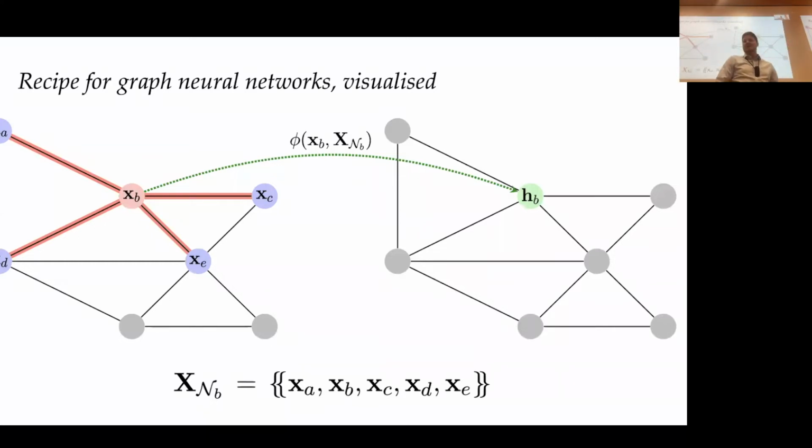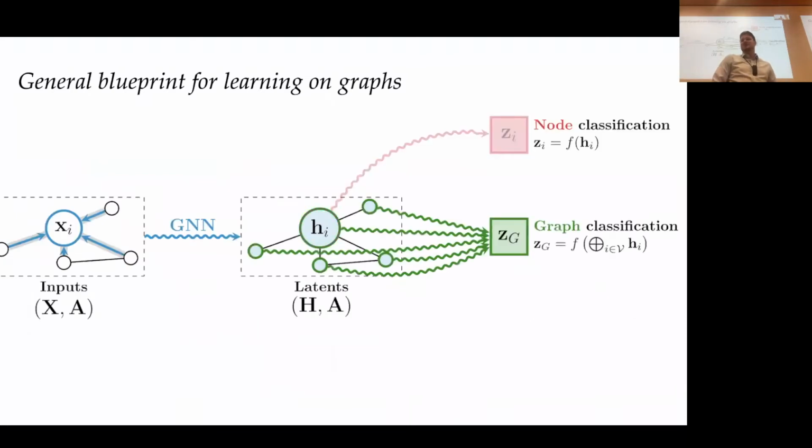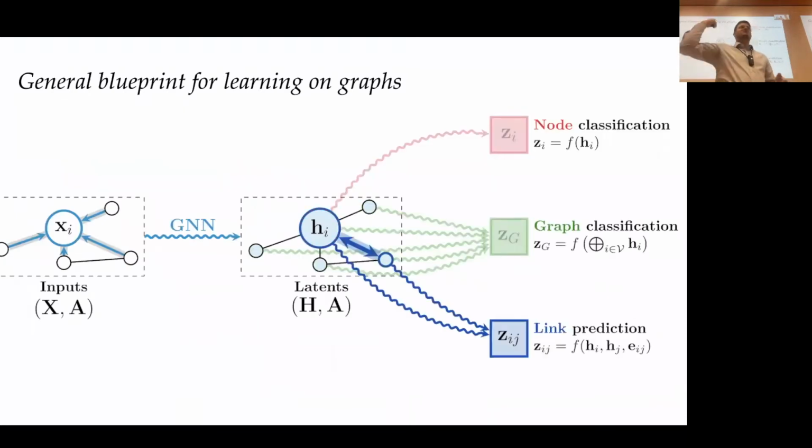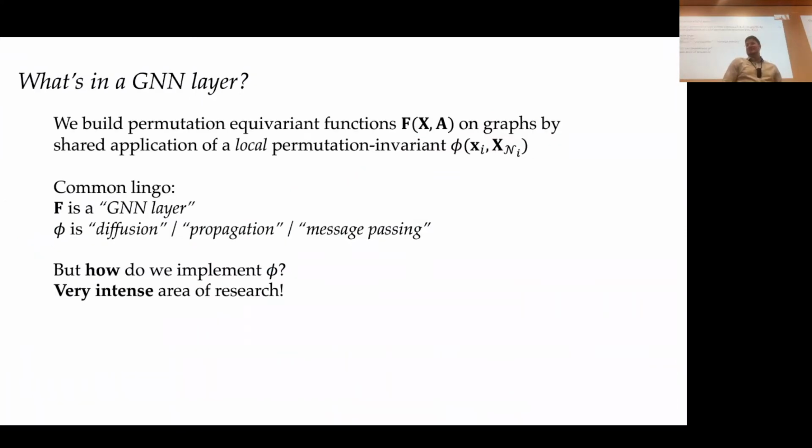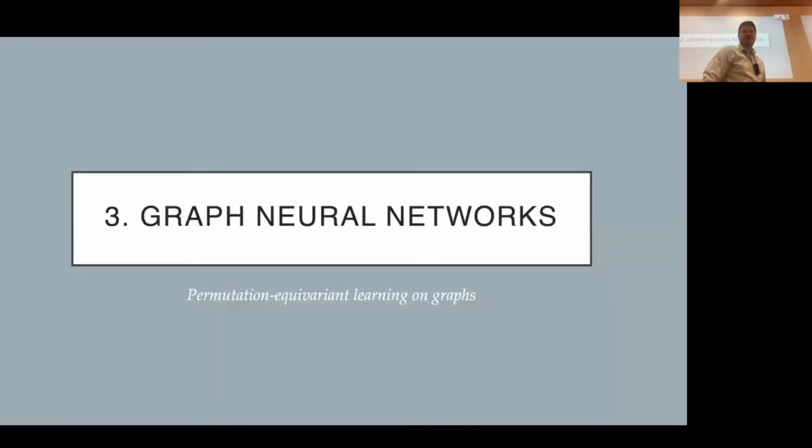If we can do that and stack the output vectors together, we can then build a model to solve all 3 of these principal graph tasks, okay? But as I said, I haven't yet told you how to actually implement that local function. And that's actually the essence of most GNN research that's happening nowadays. So all fundamental GNN models are just talking about a different way to implement this local function to a large extent. So let's talk about them.